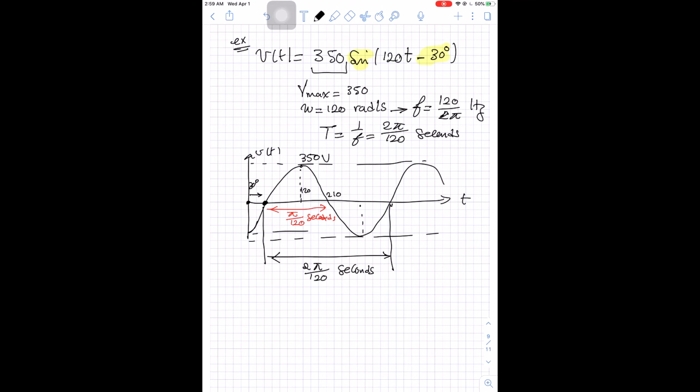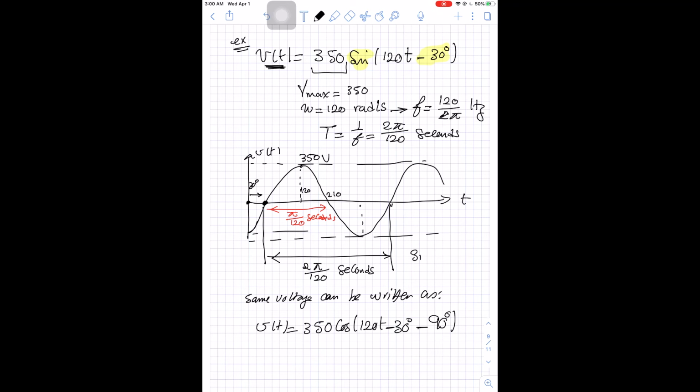And we can write the same voltage here as a cos. So the same voltage can be written as V of t equal to 350 cos(120t - 30 - 90).